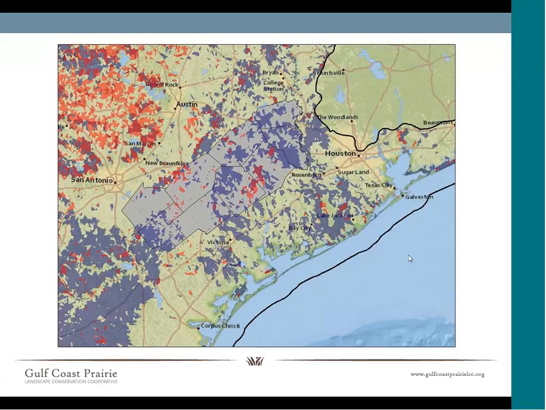To date, we haven't had these projections until very recently that will help shape our contribution to those types of efforts.